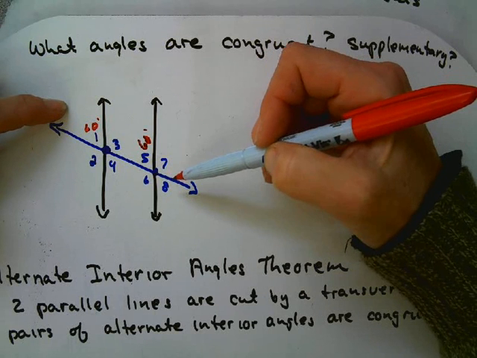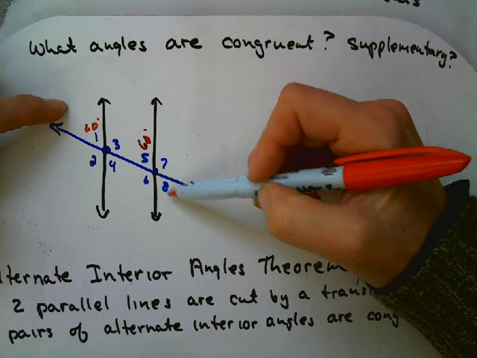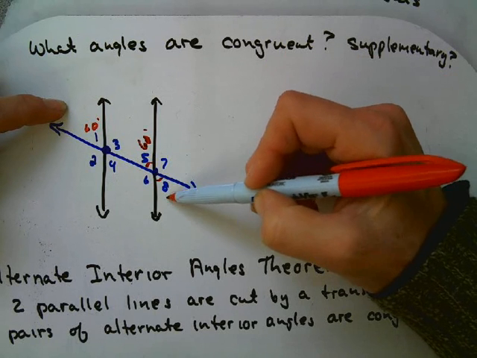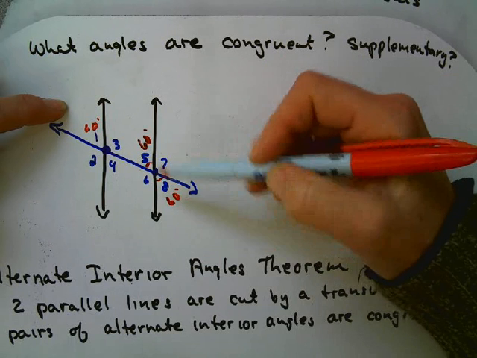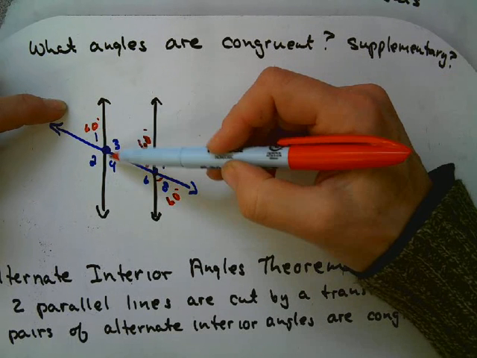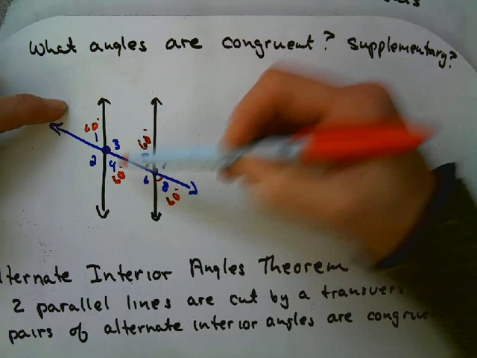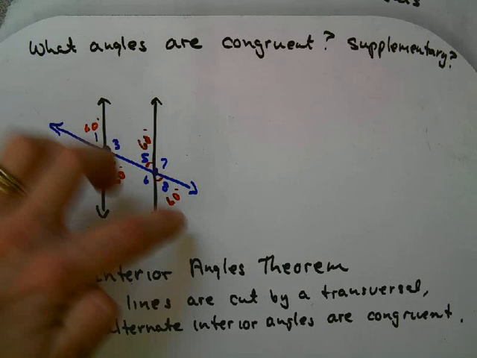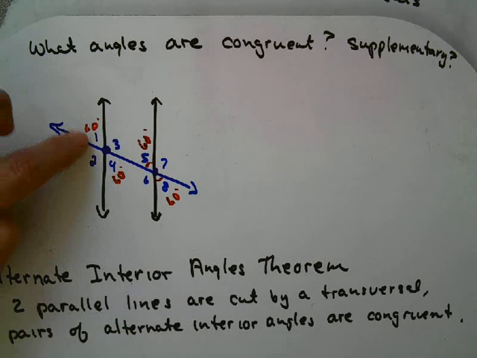We also know angle 8 is 60 degrees because 5 and 8 are vertical angles. And that would hold true over here also, so 1 and 4 must both be 60 degrees. So we've got 4 angles, and they're all the same measure from things we know: the corresponding angles postulate and the vertical angles postulate.